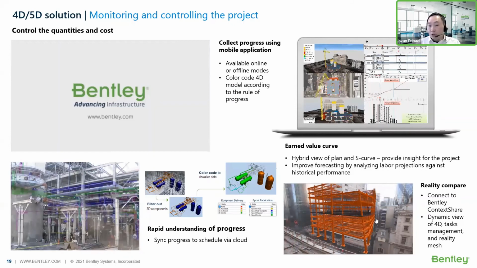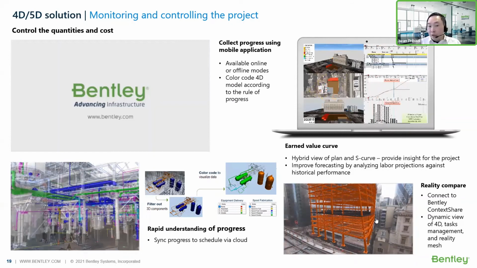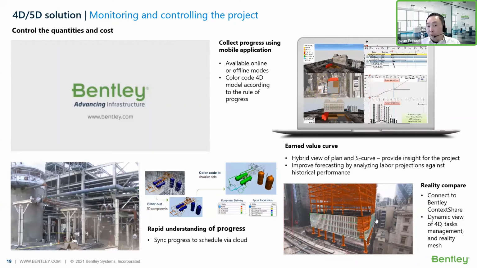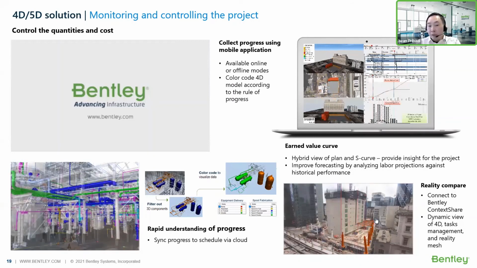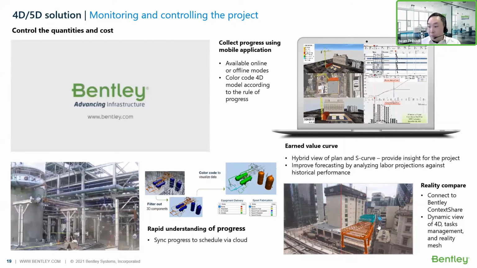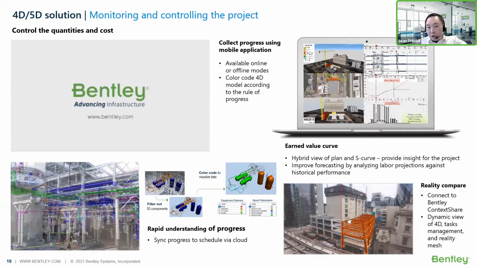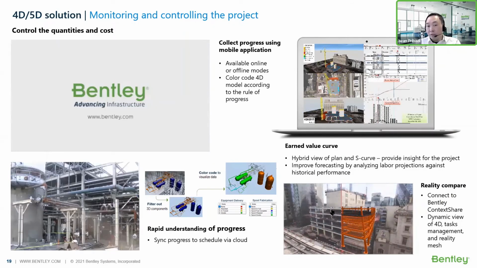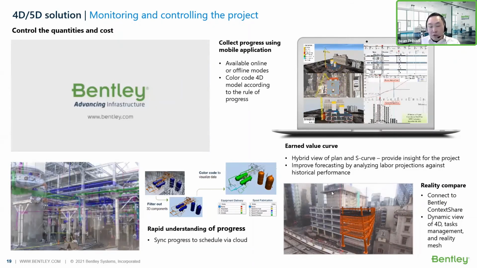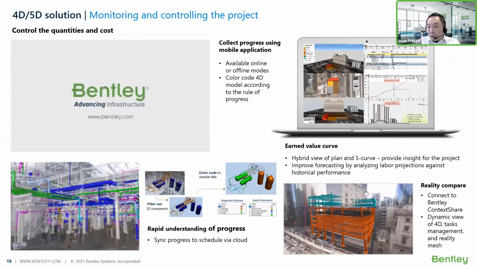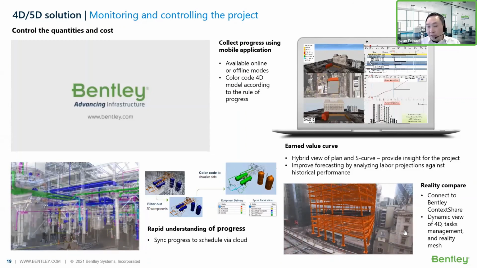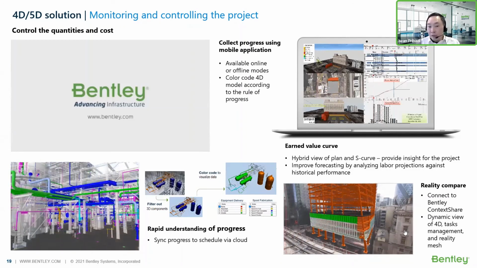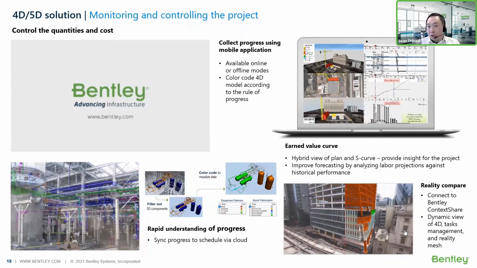This brings huge value in how you can visually understand how your project is being constructed, and you can see the reality of how it is being installed, like in this example, right? You can see that these towers are being erected, and you can see on the side how you planned around it, by simply dragging left and right the red curtain here. This is readily available within the technology stack that we have for construction.